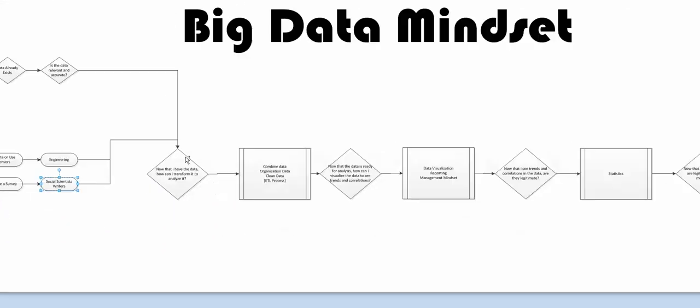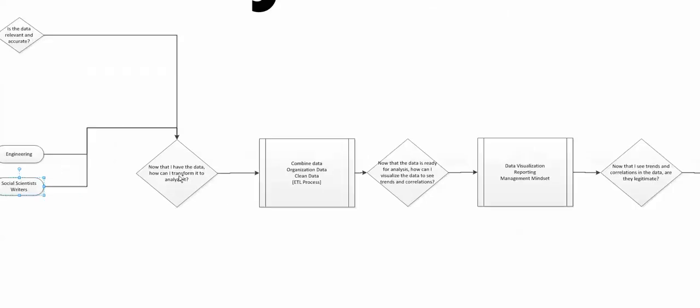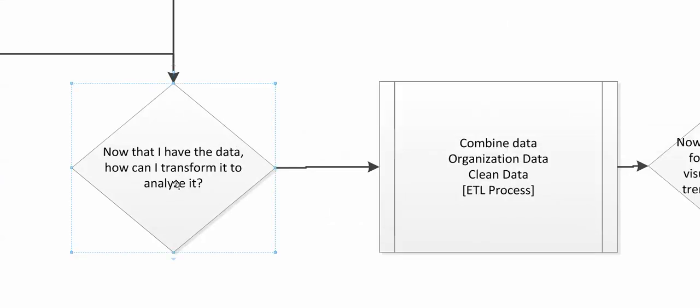So now let's say we have the data, whether it already existed or not, or we collected it ourselves. Now that I have the data, how can I transform it to analyze it? You can imagine huge, disparate spreadsheets and text files and all the different formats that data comes in. We got the data, but how can we transform it so that we can analyze it?